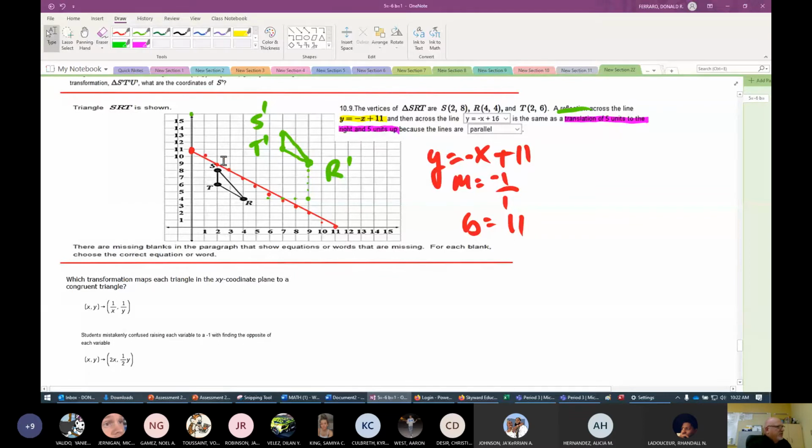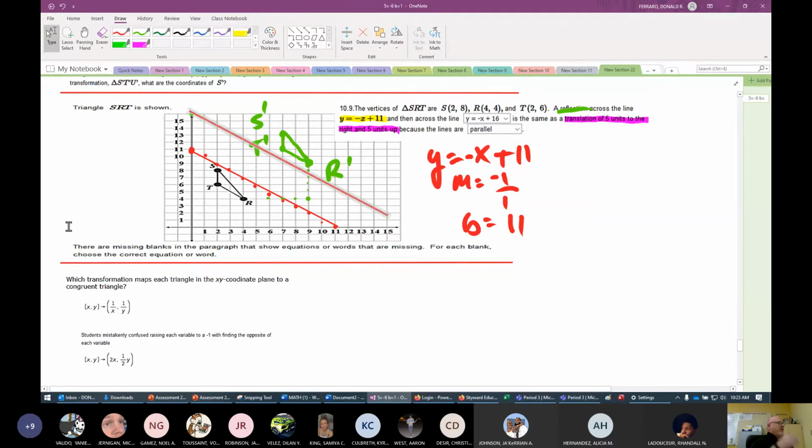So if I just took this line, Control C, Control V, I put that up here, and I just draw that down. It looks like I've got about the same slope.